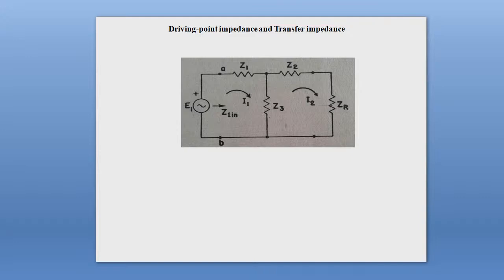Today we will try to understand the driving point impedance and transfer impedance. About these two quantities which are associated with a circuit, I mean a complex network or two-port network.